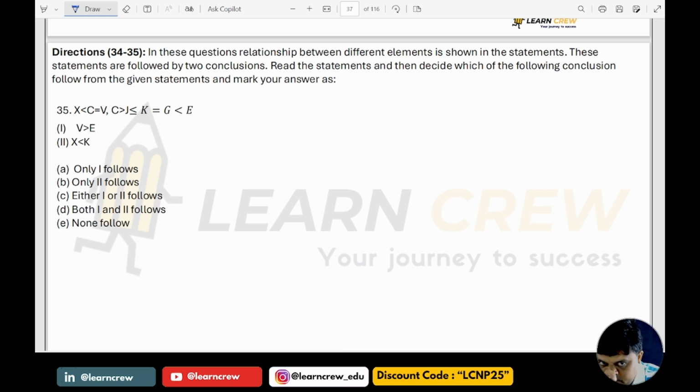X is less than C is equal to V. So if you see here, then V greater than E. So where is the relation of E from G?